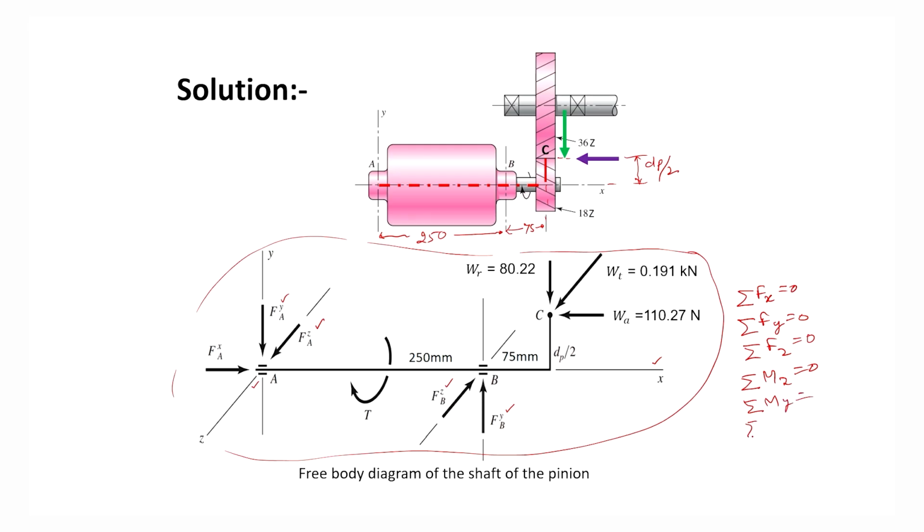You can also apply the summation of moments along the x direction should be 0, but the number of unknowns is 1, 2, 3, 4 and 5. So, 5 equilibrium equations will be required to find the 5 unknowns.